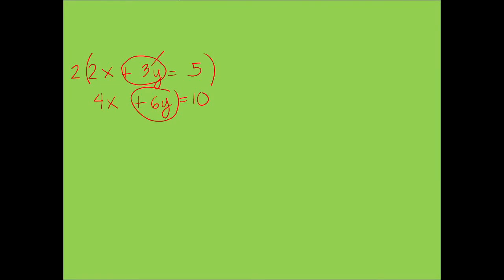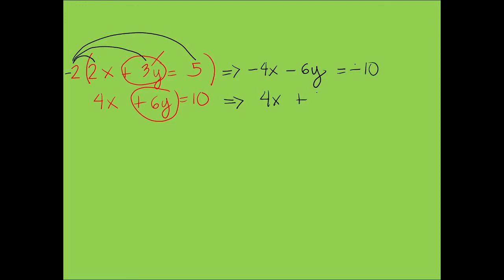So distributing 2 here, is it positive 2 or negative 2? Negative 2. Negative 2 times 2x, negative 4x. Negative 2 times 3y, negative 6y. Negative 2 times positive 5, negative 10. And just simply rewrite the second equation.